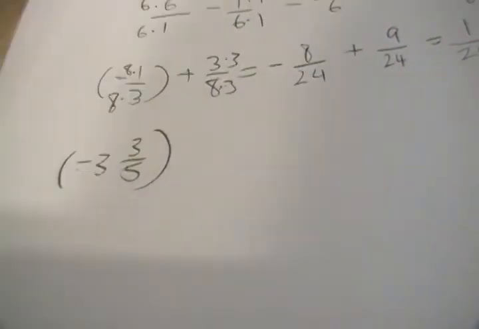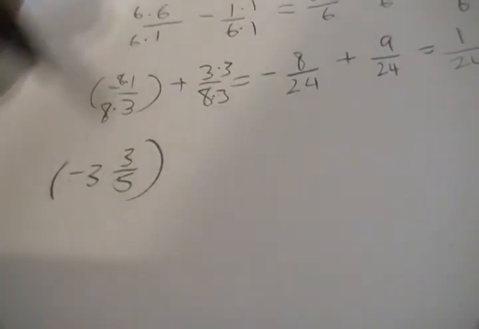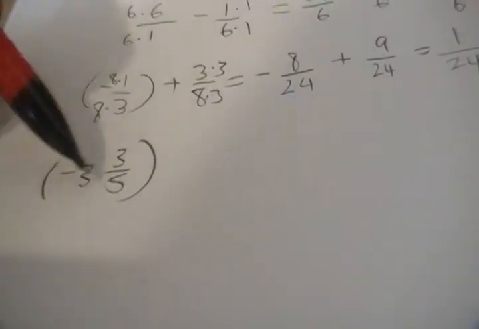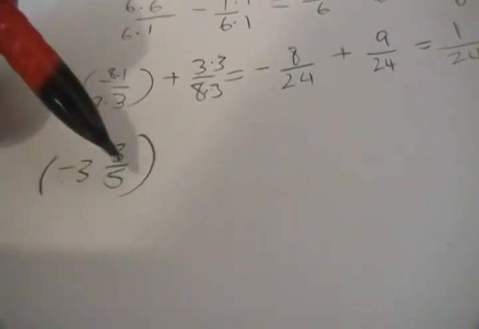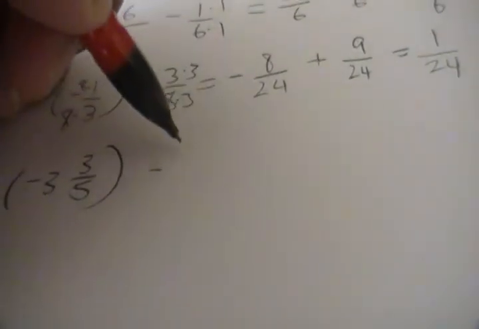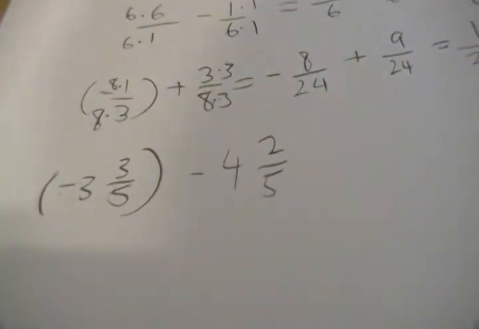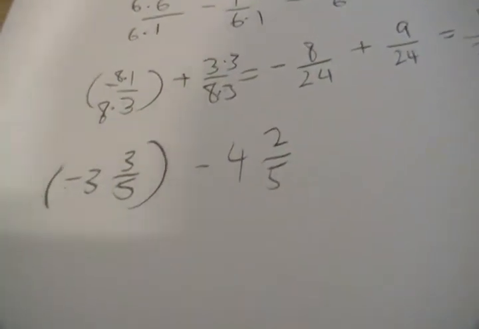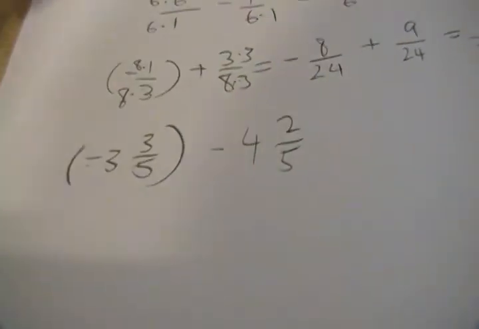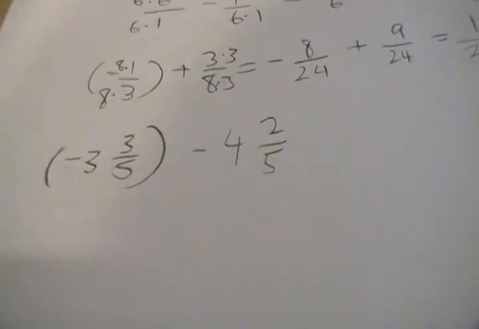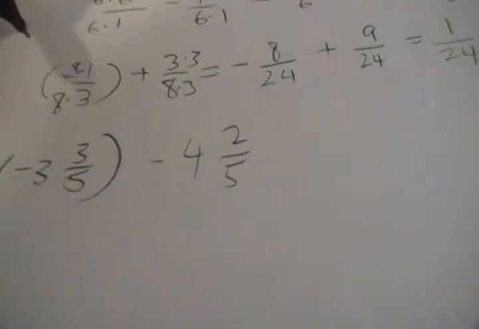So when you're saying mixed numbers, it's 3 and 3/5, a whole number and a fraction, minus 4 and 2/5. All right. So let's just do this example together.